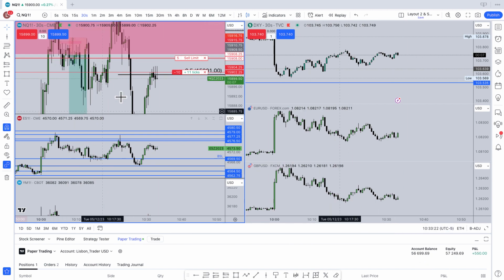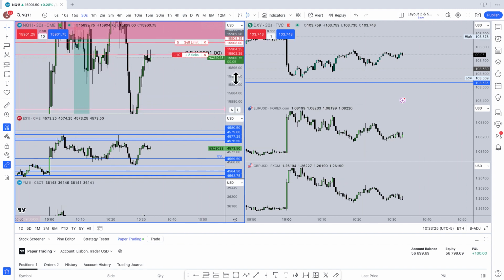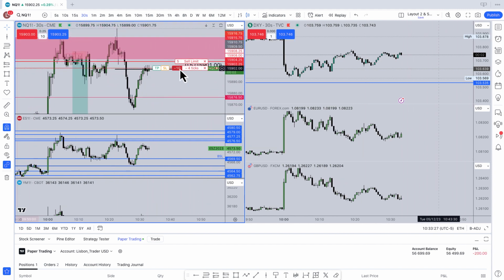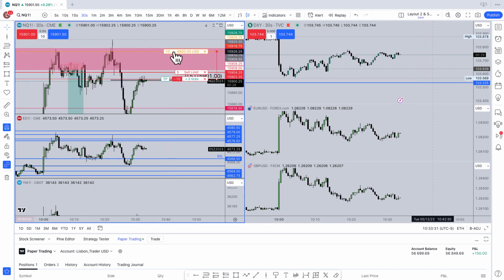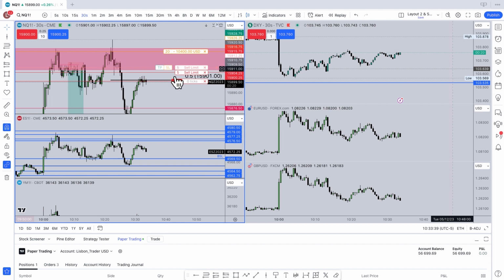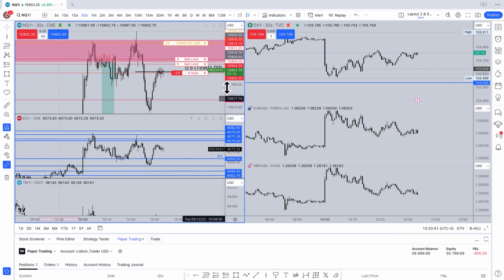So equity is 7k, so I can risk a little bit more. Let's do it like this. I want a risk of 17,000 in total, which will include these two sells.